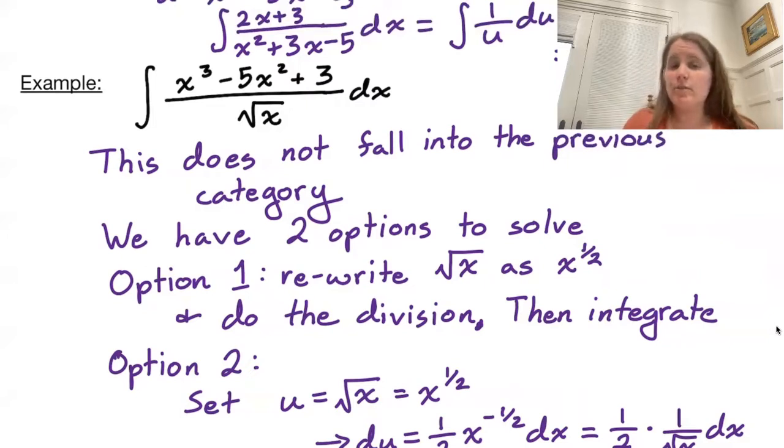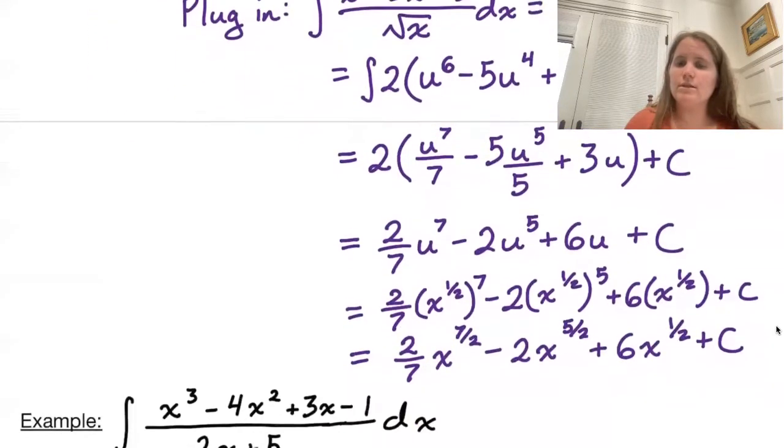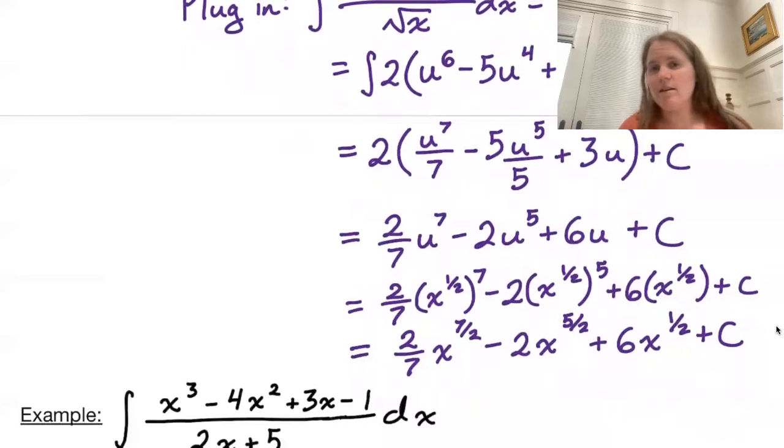Then minus 5x squared over x to the 1/2 would be minus 5x to the 3/2. Raise the power to 5/2, divide by 5/2. And then we would have plus 3x to the negative 1/2. We would raise the power to x to the 1/2, divide by 1/2. So that's an alternative. This is a more complicated way to get that using u substitution.